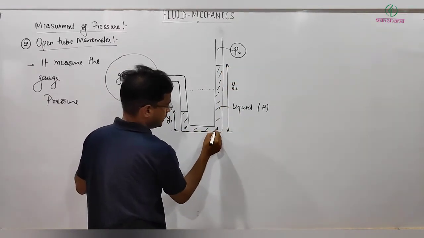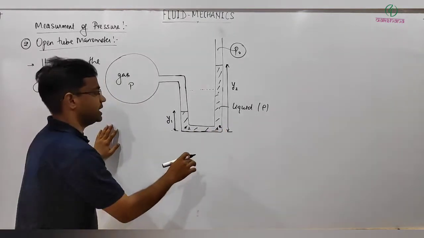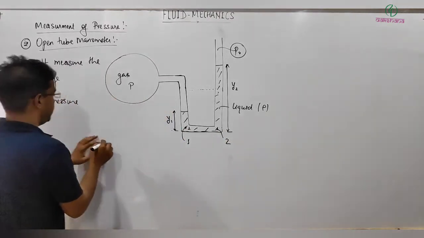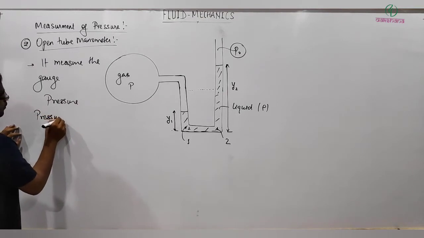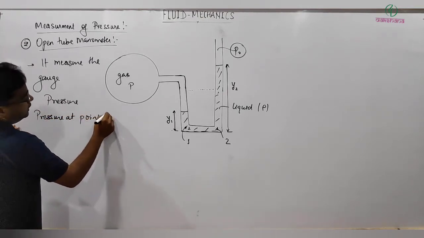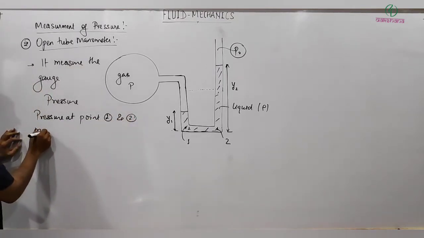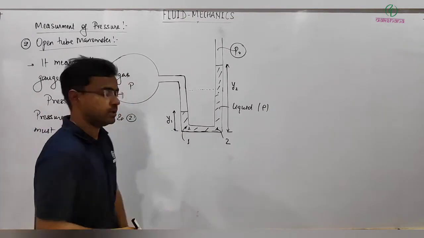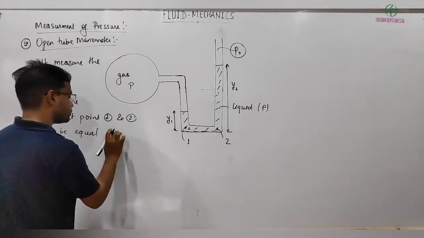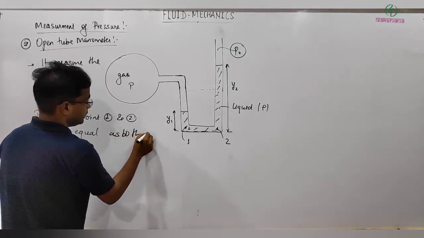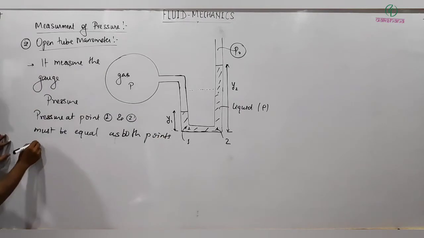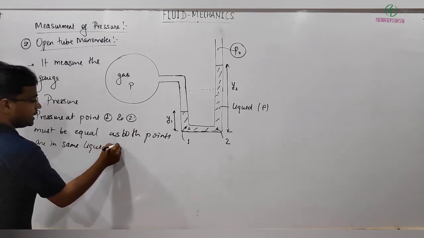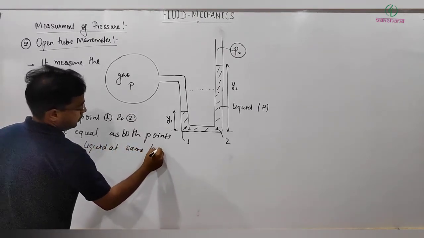Now the pressure at points 1 and 2 must be equal, because both points are in the same liquid at the same level, right?